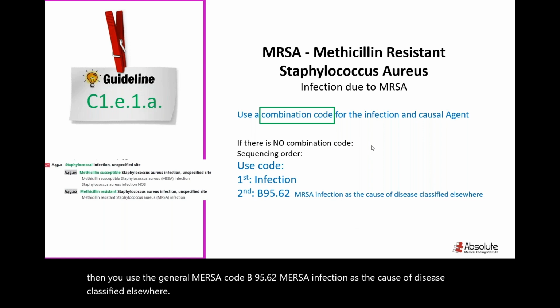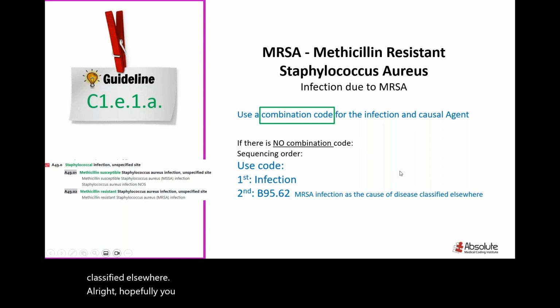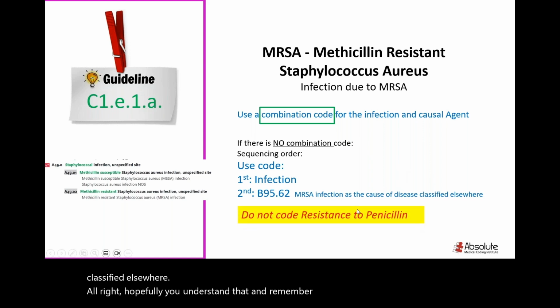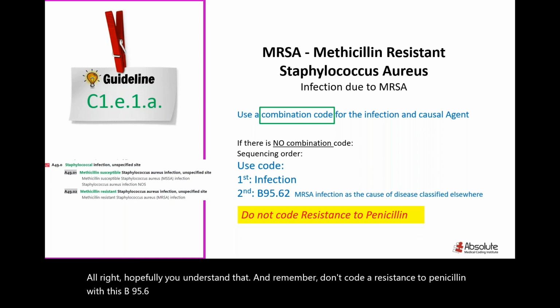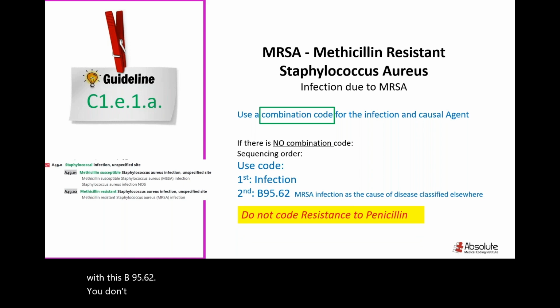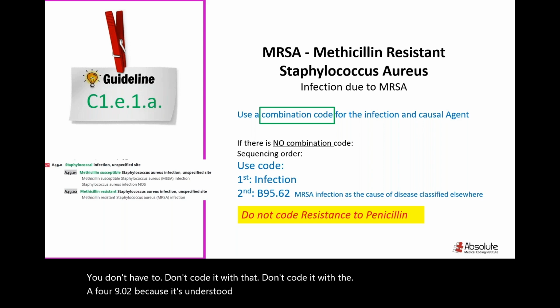All right, hopefully you understand that. And remember, don't code a resistance to penicillin with this B95.62. Don't code it with the A49.02 because it's understood, right? It's in the name.